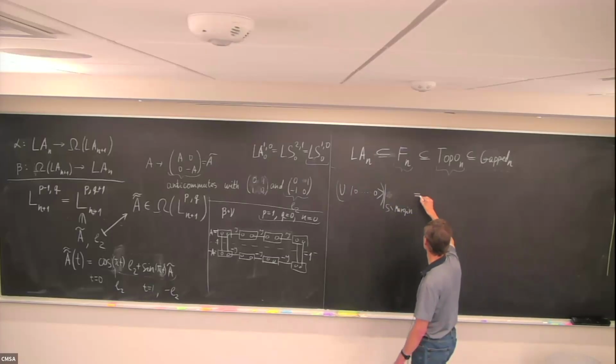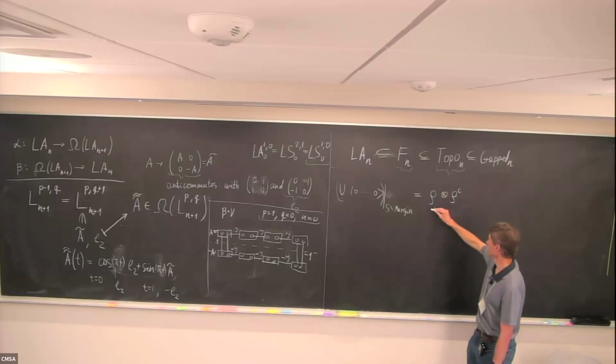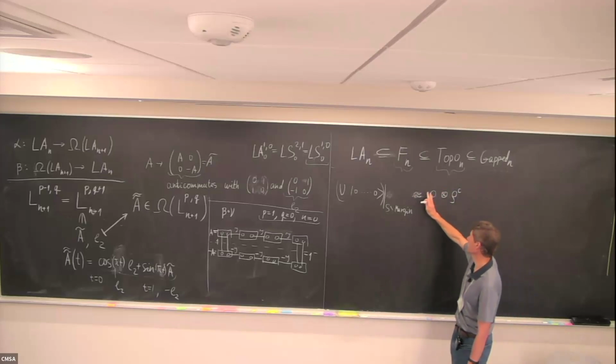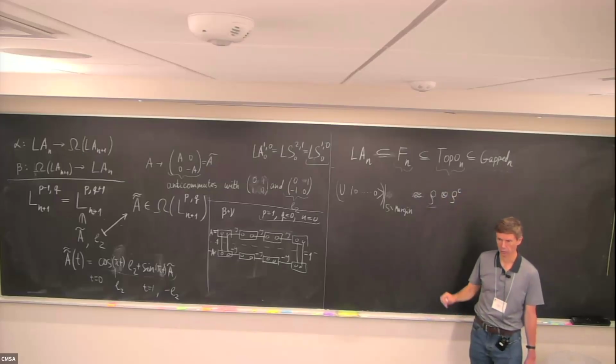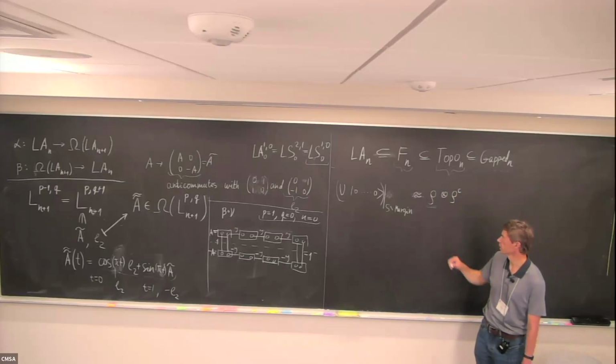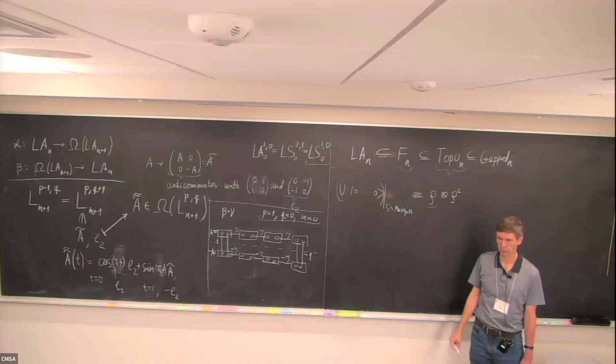And we get rho tensor rho complementary. Rho is our quantum system, and complementary is some other quantum system. And the condition is that it factors into two independent systems. One of them is the system of interest. And this condition may be defined up to approximate equality, up to epsilon in the trace norm.